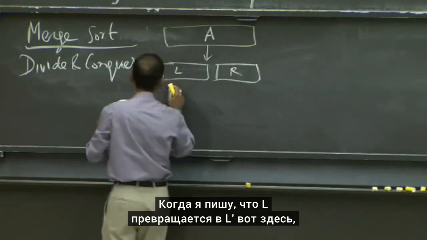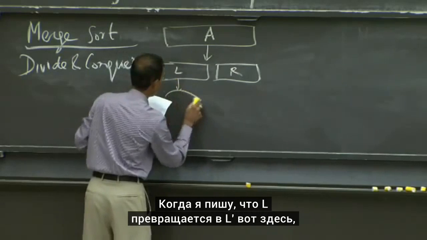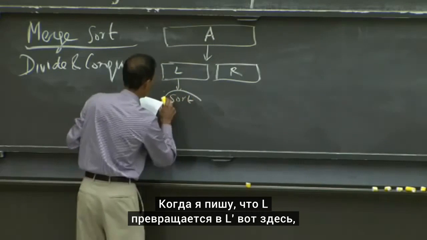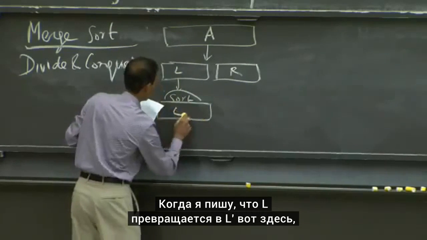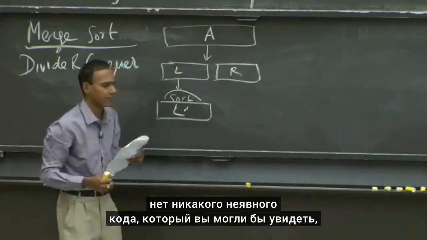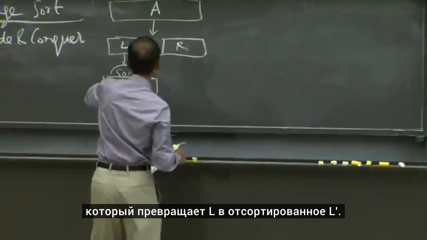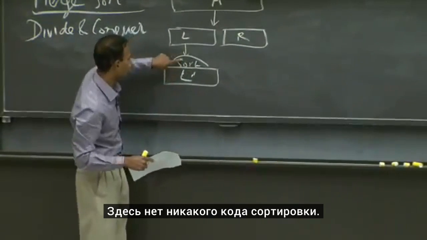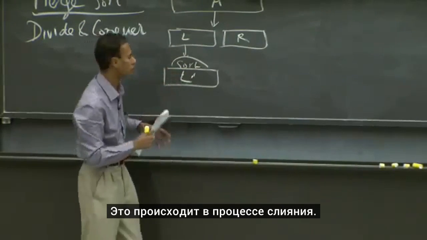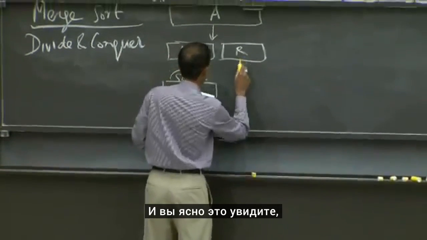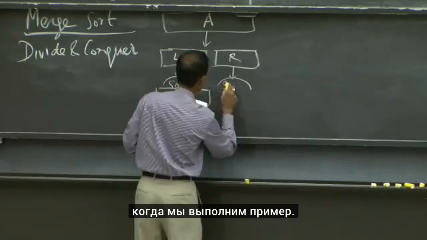So while I'm saying L turns into L prime, there's no real explicit code that you can see that turns L into L prime. It happens really later. There's no real sorting code here. It happens in the merge routine. And you'll see that quite clearly when we run through an example.